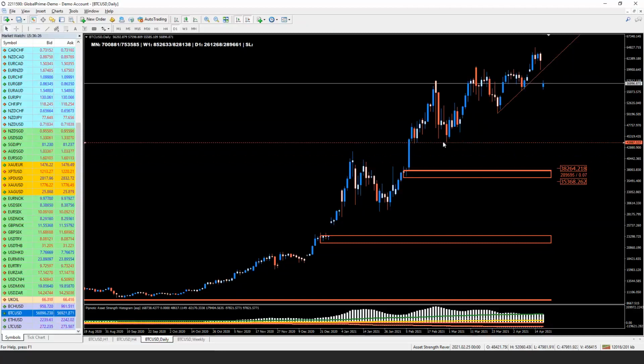But Bitcoin trades like any other asset. When price is high, people take the money off the table. When price is low, people are buying. So again, it's just a constant balance between supply and demand.